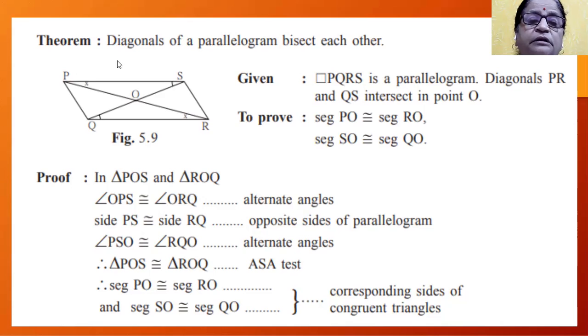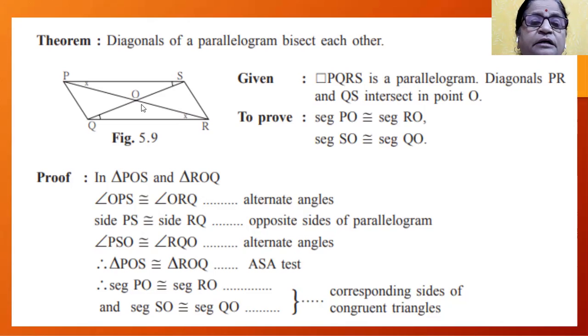With this figure, you can compare these two triangles, POS as one triangle and ROQ as another triangle. In this, see that angle OPS and angle ORQ, these two angles are alternate angles.